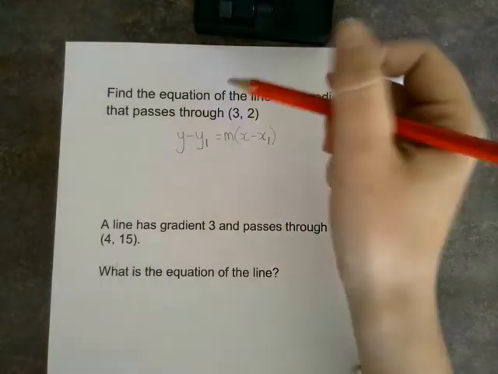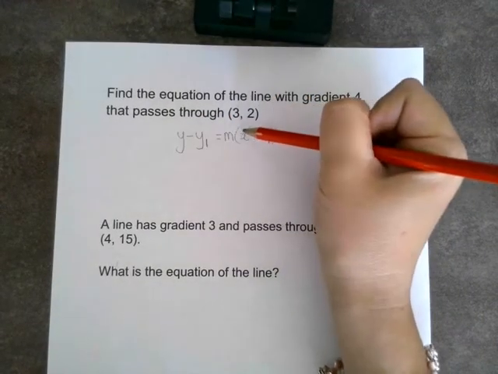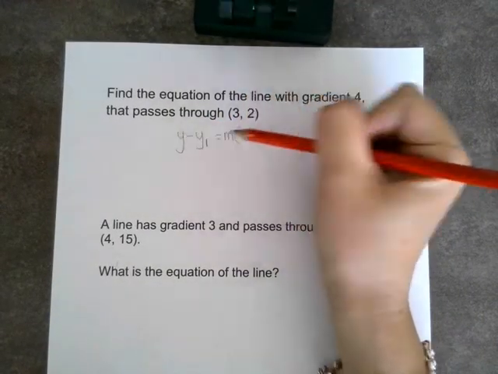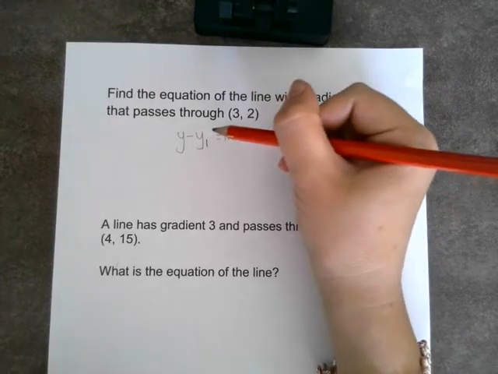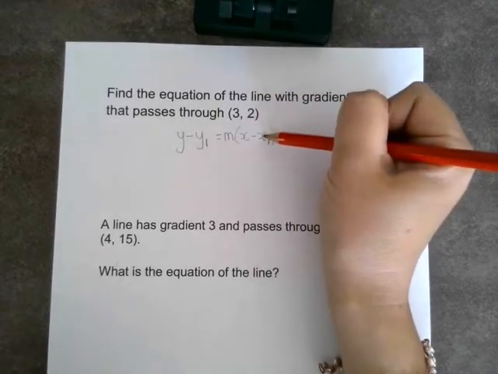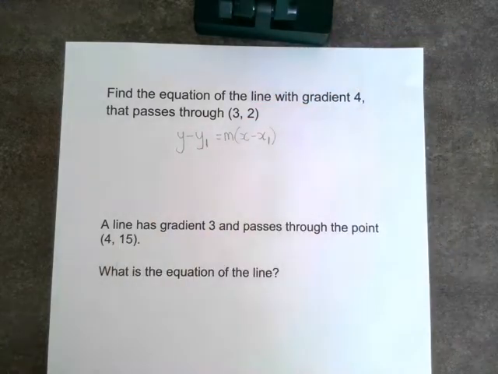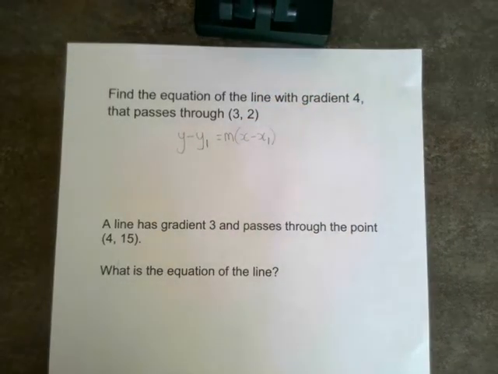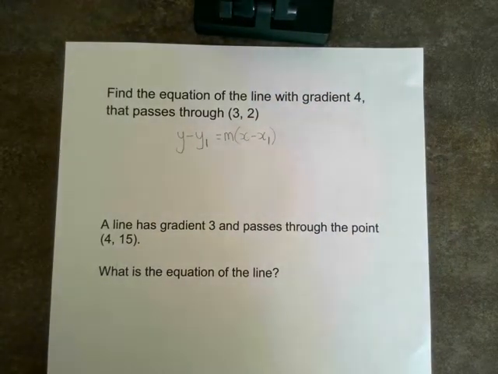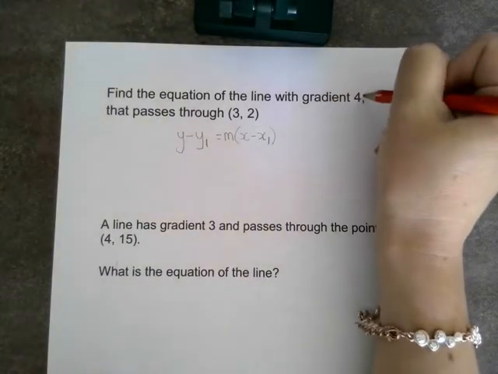So first of all, the y and the x are just going to stay as y and x. The only things you're going to have to replace in this formula are the y1 and the x1, and also the m. Now you should remember from y equals mx plus c that the m stands for the gradient, and so we know from here that the gradient is 4, isn't it?